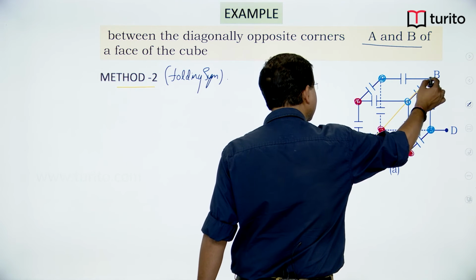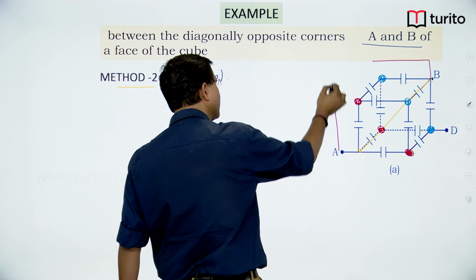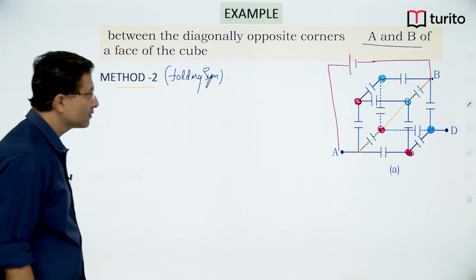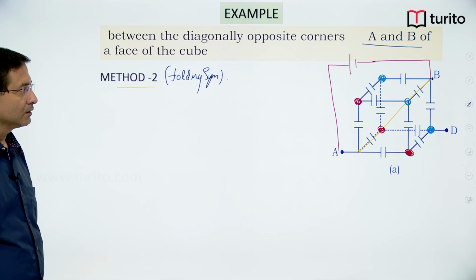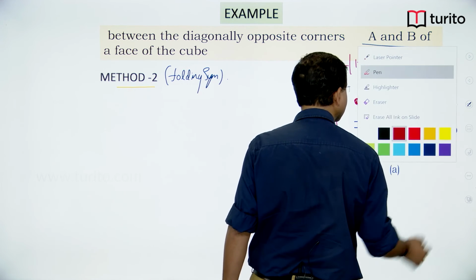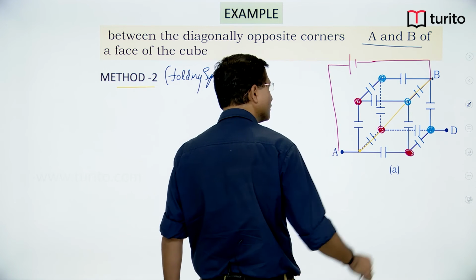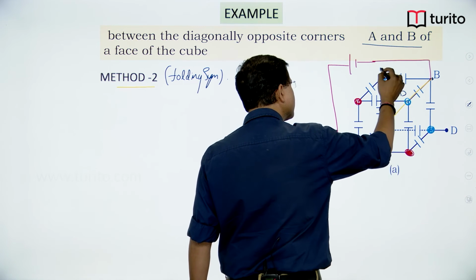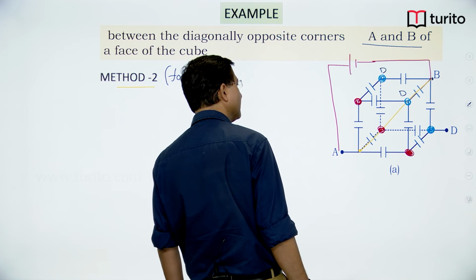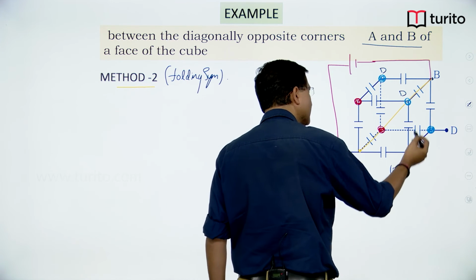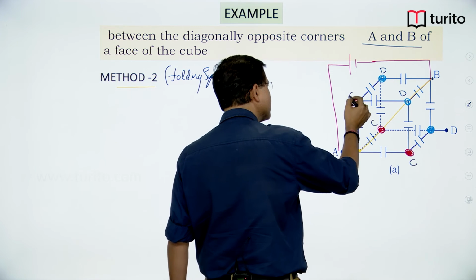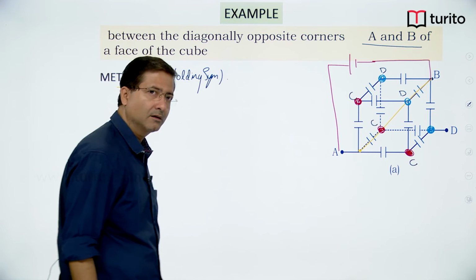So, the battery is connected about AB this way. Let us start. If this is D, this will be D and this will be D, because they are all at the same potential. If this one is A, D and let this be C, then this is C and this is C, all at the same potential.